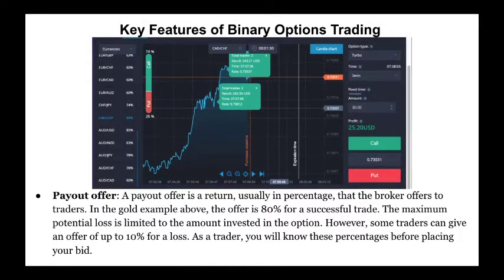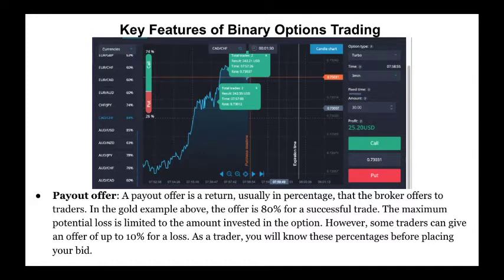Now, the last feature I want to talk about in binary options trading is the payout offer. A payout is a return, usually in percentage, that the brokers offer to traders. In the gold example that we gave in the previous slide, the offer is 80% for a successful trade.